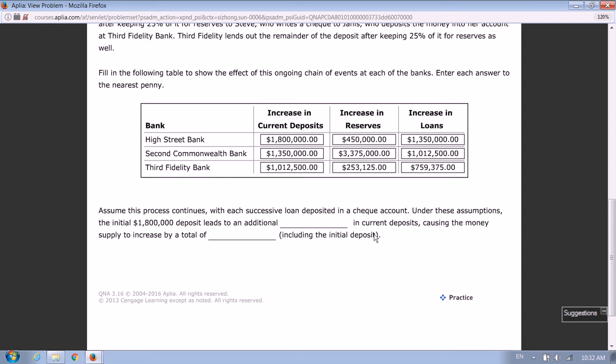Okay, assume this process continues with each successive loan deposited in a checking account. Under this assumption, the initial 1.8 million deposit leads to an additional deposit, causing the money supply to expand. So we know that in the end the total money is 1.8 million divided by the reserve ratio. The reserve ratio is 25%.